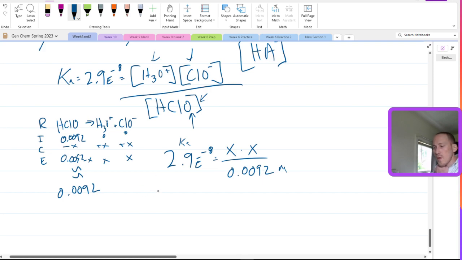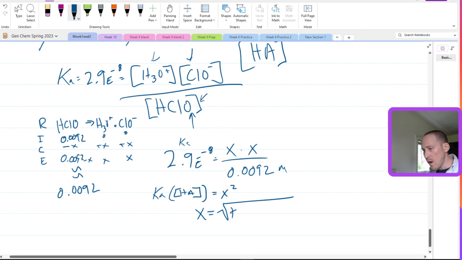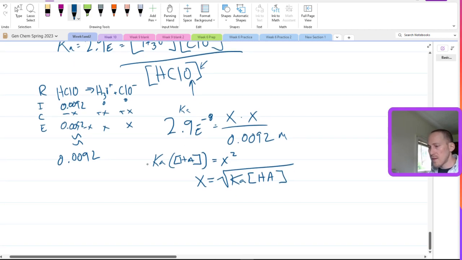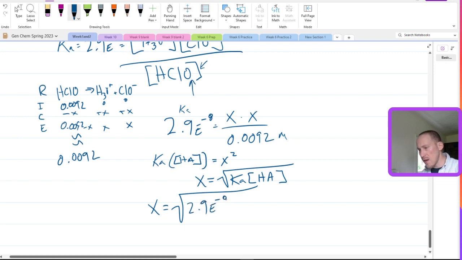So that means our Ka times our concentration of our weak acid equals x squared, meaning that x, the concentration of hydronium, is going to be the square root of the Ka times the concentration of HA. And that means that x is going to equal the square root of 2.9 times 10 to the minus 8th times 0.0092.